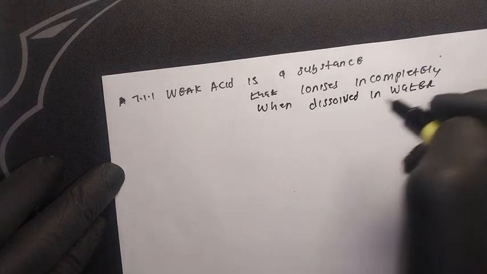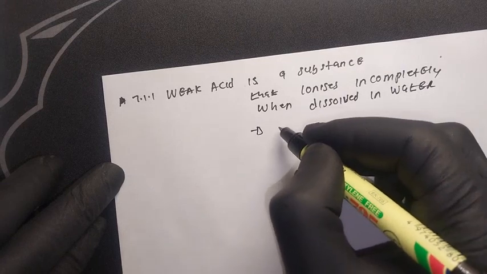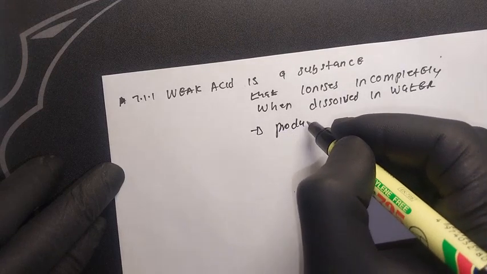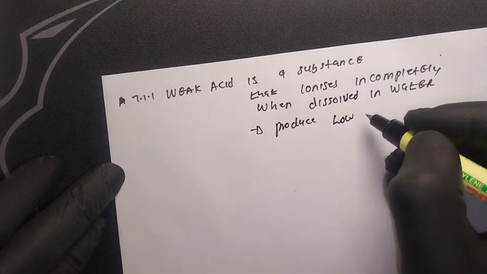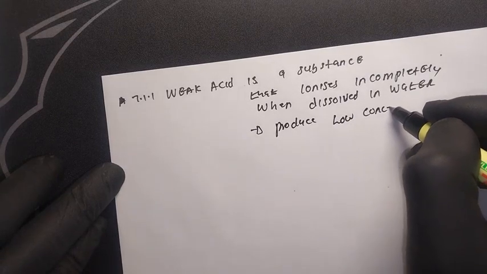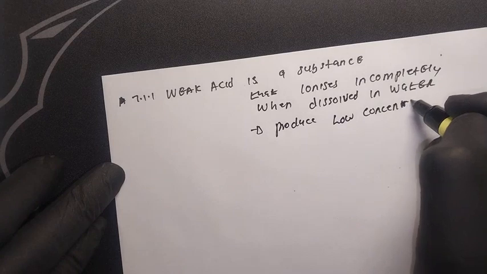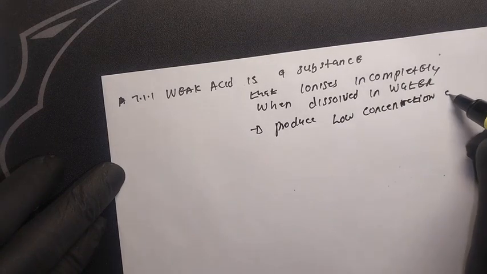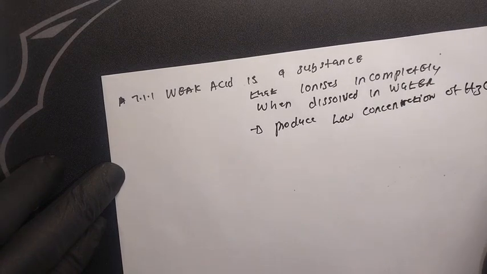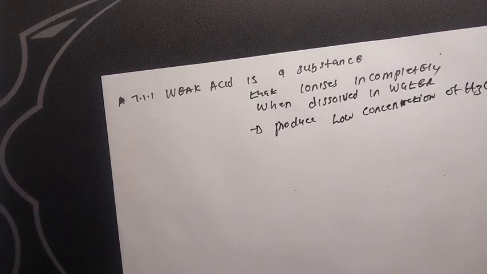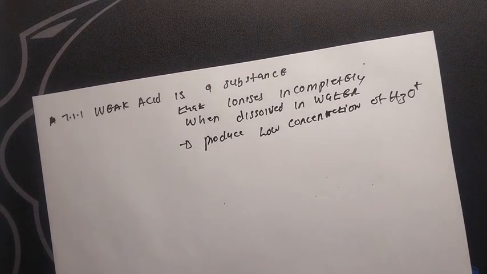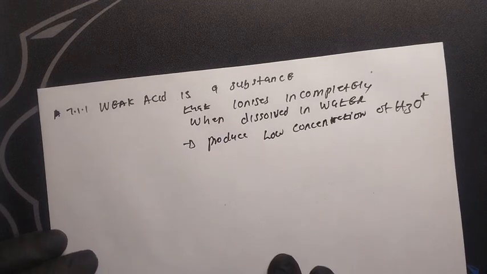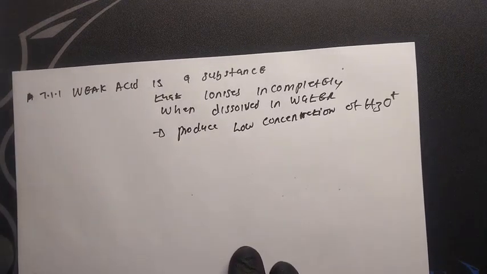What does this mean? It means it produces a low or weak concentration of hydronium ions. So that is something that we call a weak acid. I hope it's clear on the first part.